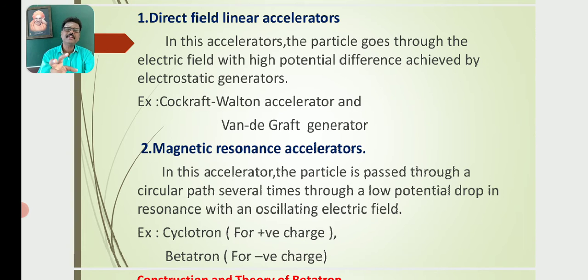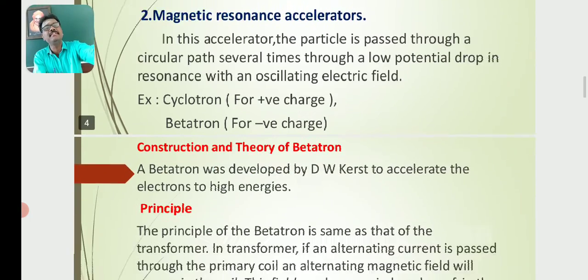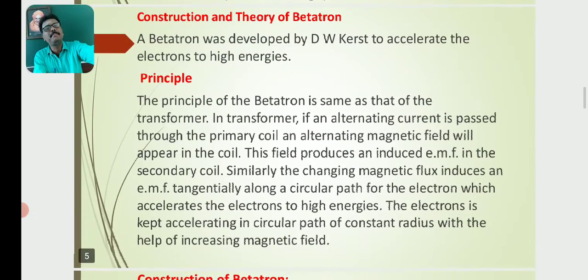The betatron is an accelerator which accelerates negatively charged particles. So today we are going to discuss betatron, which accelerates negatively charged particles.